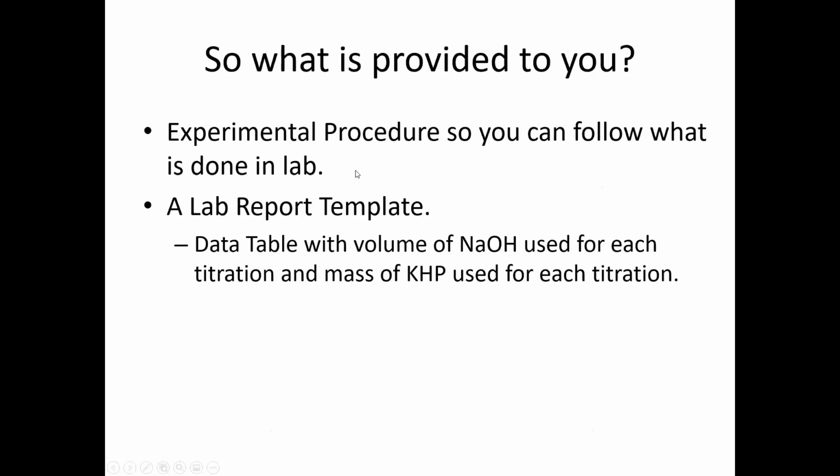The same stuff is provided. It's an experimental procedure, so you can follow what's done in the lab. There will be a lab template, just the same as before, with tables listing the volumes of sodium hydroxide used and also the mass in grams of KHP used for each titration.